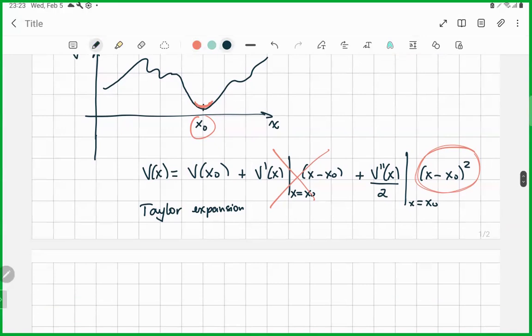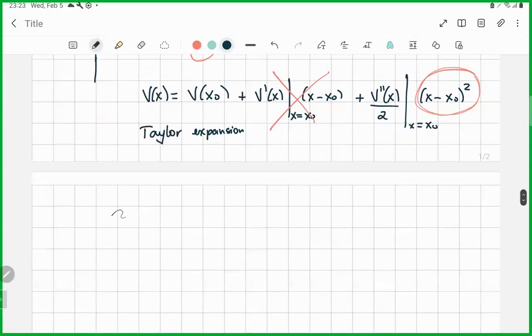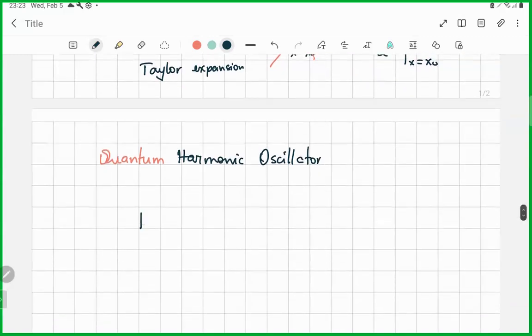Now, what we are going to be studying, as we said, is the quantum harmonic oscillator. We put it in orange. And what does that mean? Well, it means that we can write our Hamiltonian. The Hamiltonian involves the kinetic energy, and it involves the potential energy. And what is the potential energy?